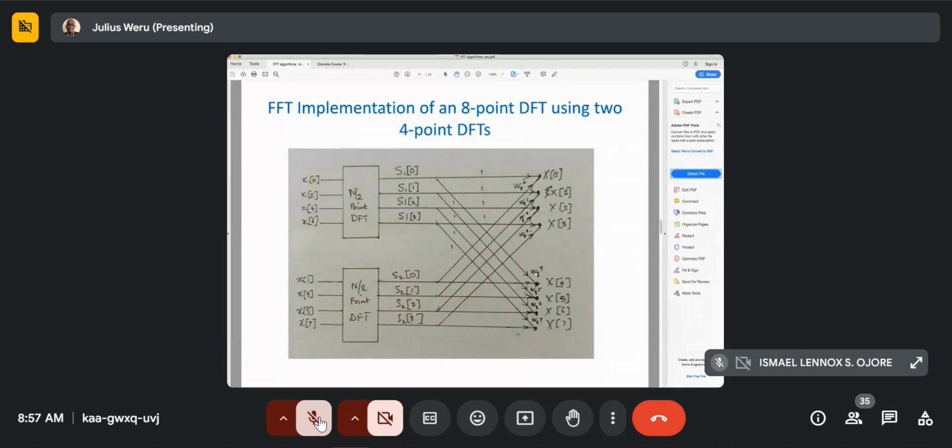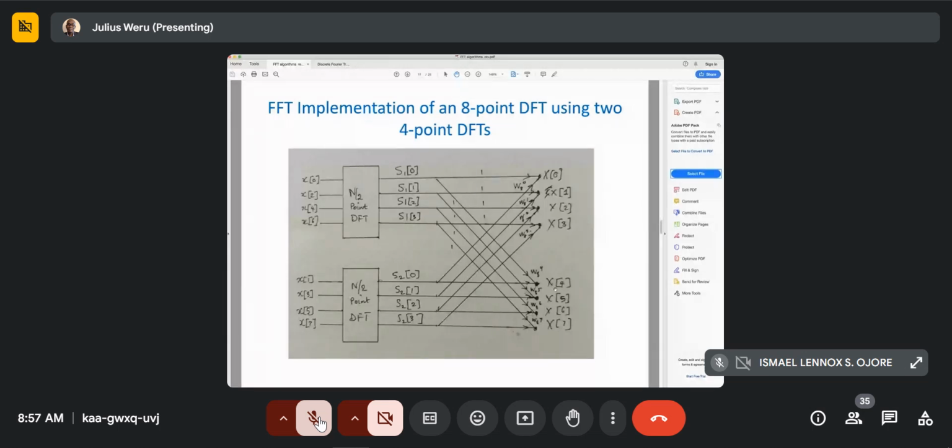The way I've drawn it may be confusing: you can see we have put 1, 1, 1, 1, which means S1 of 0 is not multiplied by any factor. It is just multiplied by 1, and then added to this multiplied by W8 to the 4. So W8 to the 4 refers to here, W8 to the power 5 refers to here, W8 to the power 6 refers to here, and W8 to the power 7 refers to here.